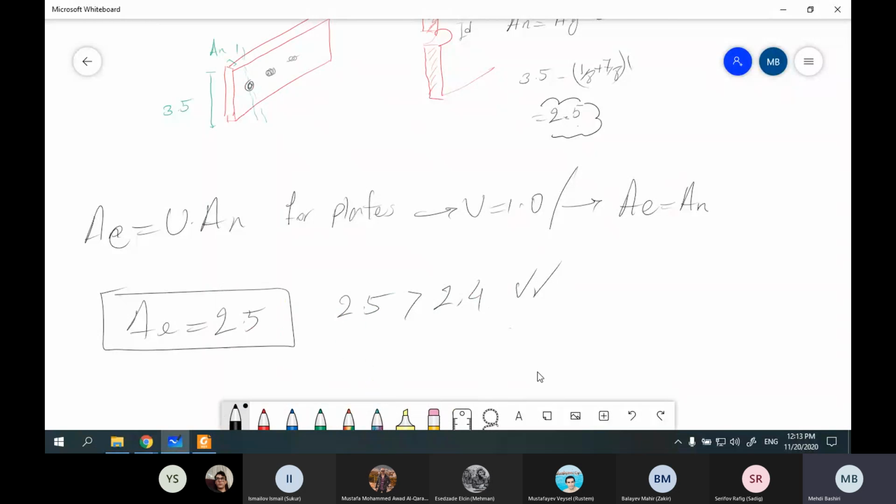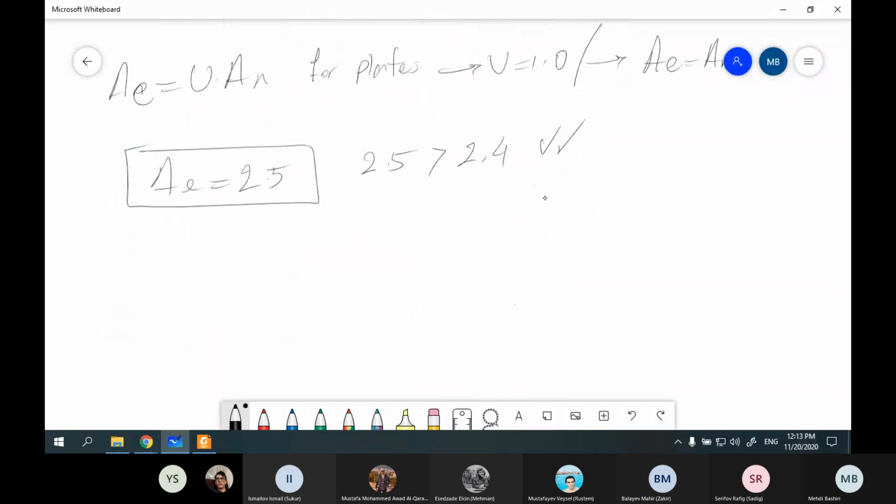What is the next step? φRn for rupture: 0.75 times 58 times Ae. This is Ae, this is Fu.